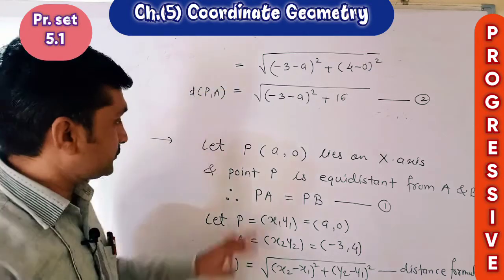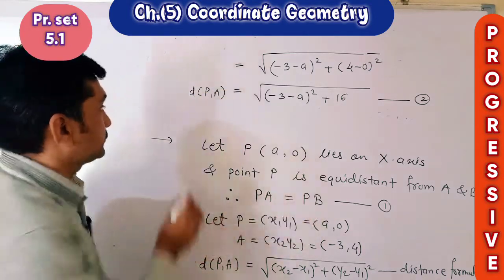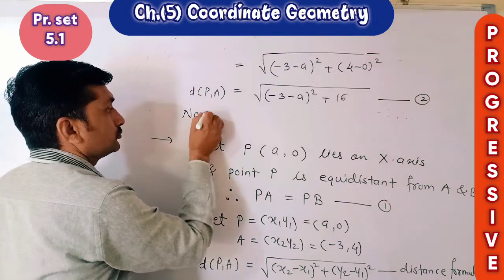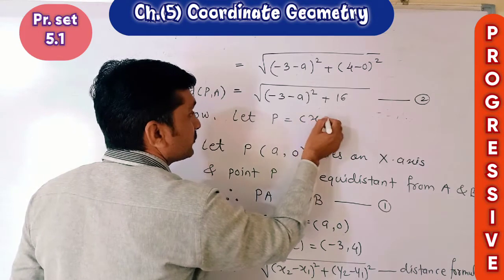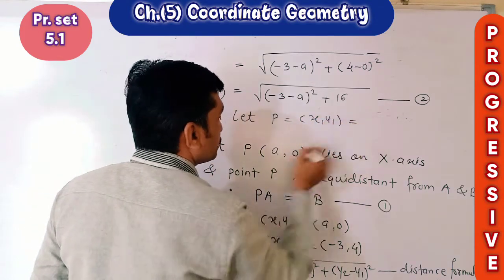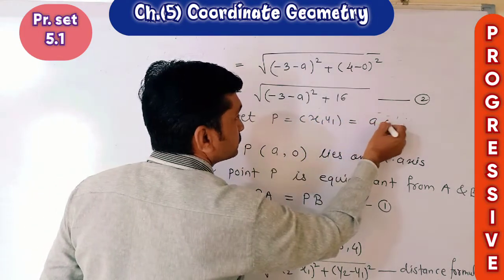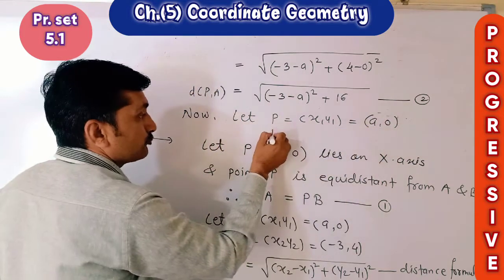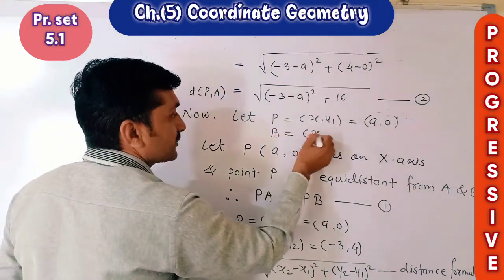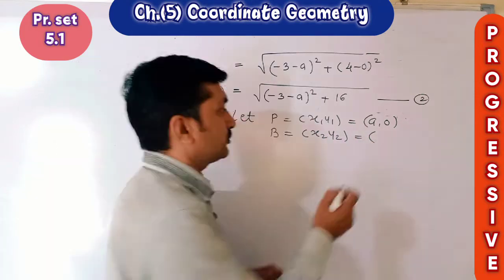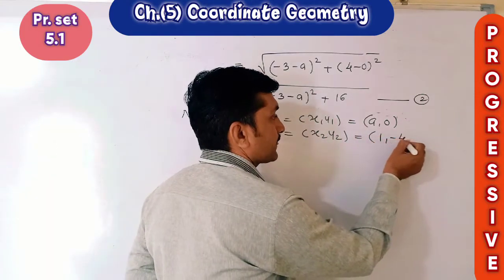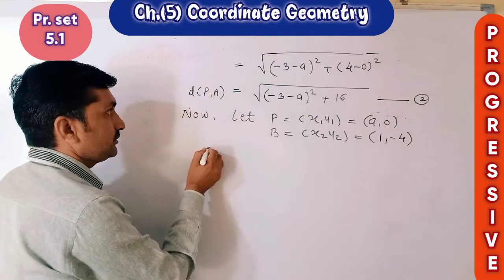Now let's find PB. Let P = (x1, y1), with coordinates (a, 0). Now B = (x2, y2), and the coordinates of B are (1, -4).